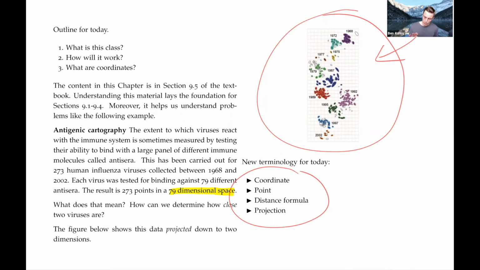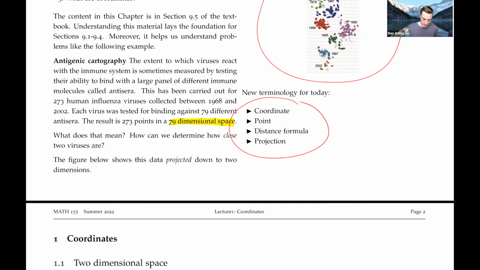But in terms of what's actually going on here, we can't visualize on a piece of paper very well what's going on in 79 dimensions. The authors of this study found that the key information could really be described by what's going on in 2 dimensions. So that meant that they could essentially just drop all the 77 of the coordinates here and just project everything down on the plane.